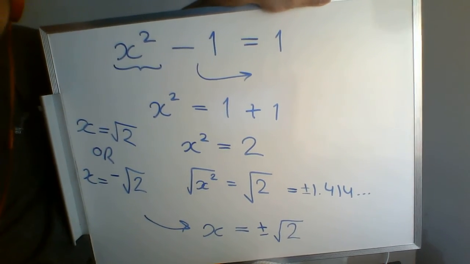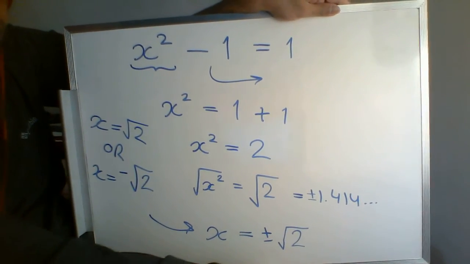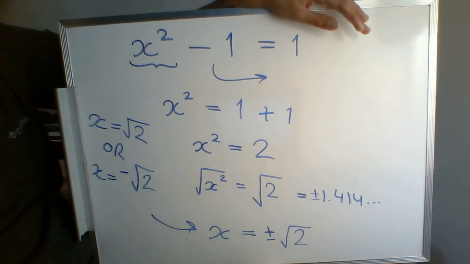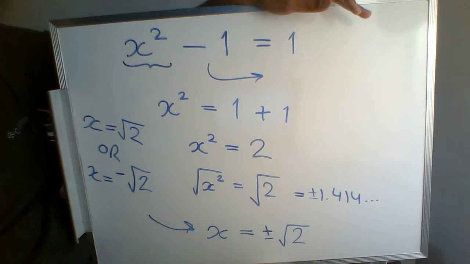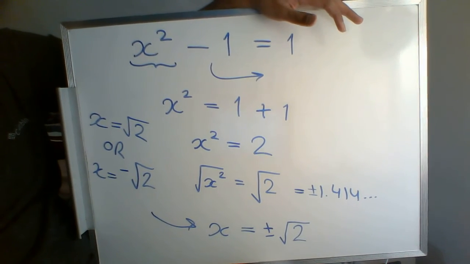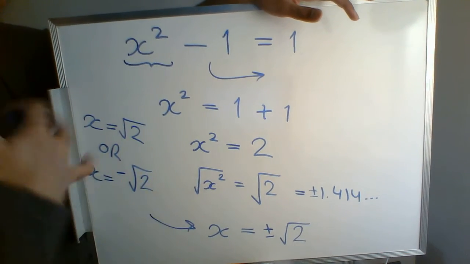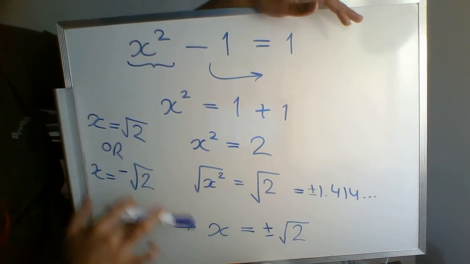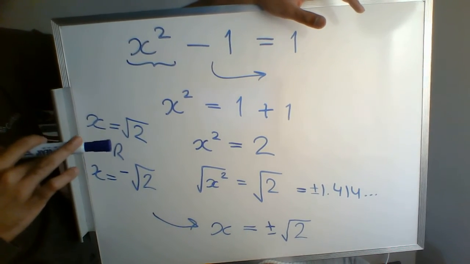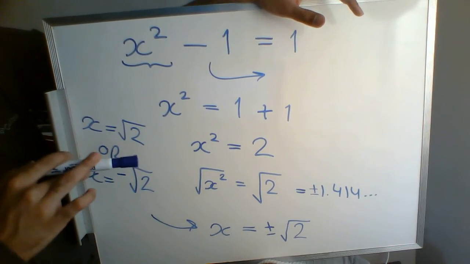So on a test, if you happen to find yourself needing to calculate a square root of a number that's not a perfect square, so not like 1, 4, 9, 16, 25, 36, 49, those numbers that when you take the square root you get a whole number, the best way to write it down is to just leave it as square root of whatever.